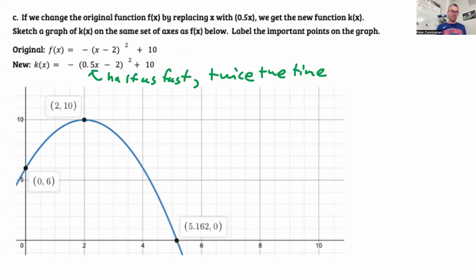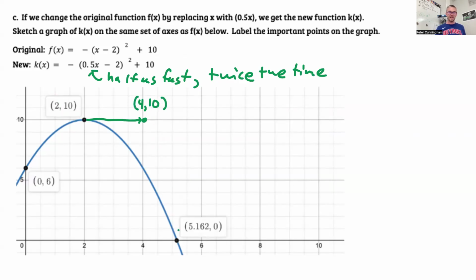So a real important point to point out here is that instead of being at its peak at 2, it's now going to be at its peak at 4. So when it says label some important points, 4, 10 would be an important point.